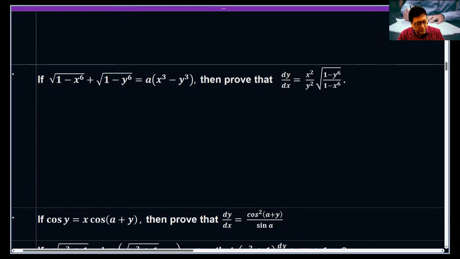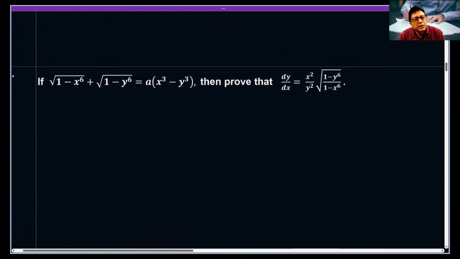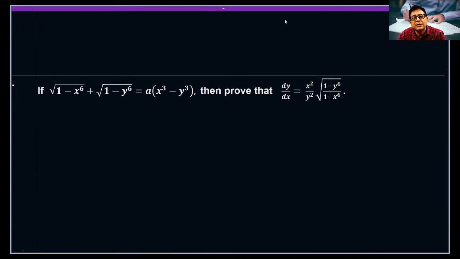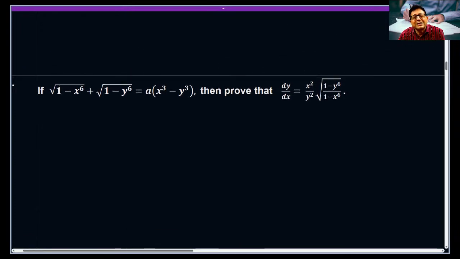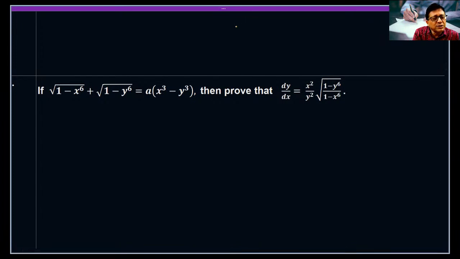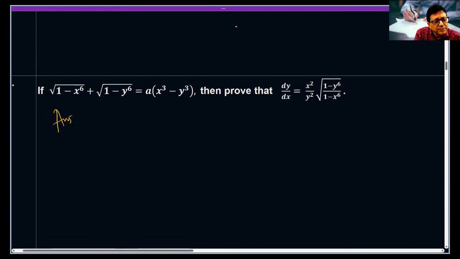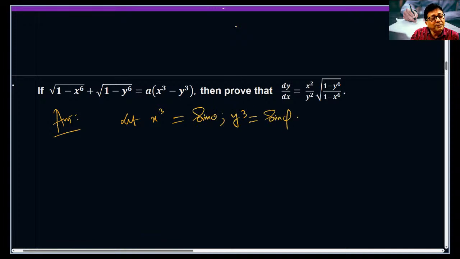Check the sum once. This time it is not given in the textbook, that's why I've chosen this sum, to help you know how to start. This is a trigonometric sum basically. Let x cube equal sine theta, both are variables.